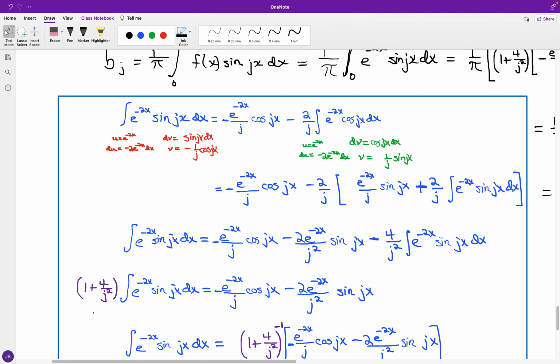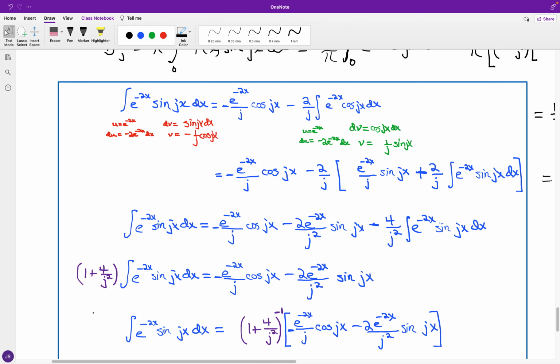Combining, I have the quantity of 1 plus 4 over j squared times the integral, and I got these antiderivative terms already established from the earlier integration by parts stages, and then isolating the integral. So I'm taking the multiplicative inverse of 1 plus 4 over j squared times our antiderivatives already established, and since we're looking at a general integral, we have it followed by the constant.